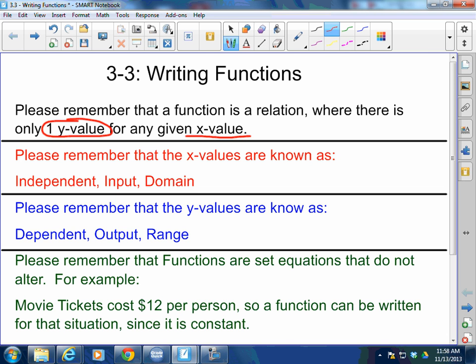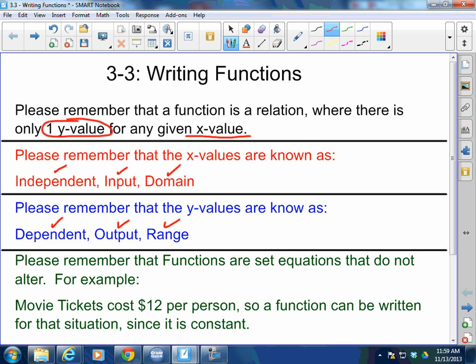You cannot have two different y's for the same x. Please remember that the x values are known as the independent, the input, or the domain. Please remember that the y values are known as dependent, output, or range.